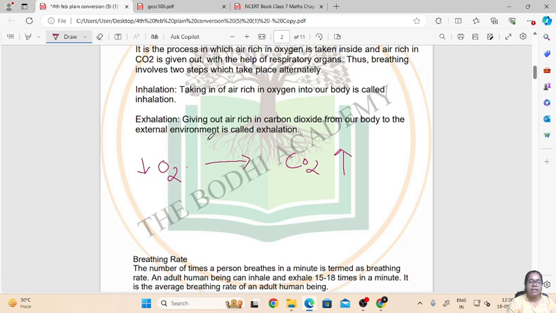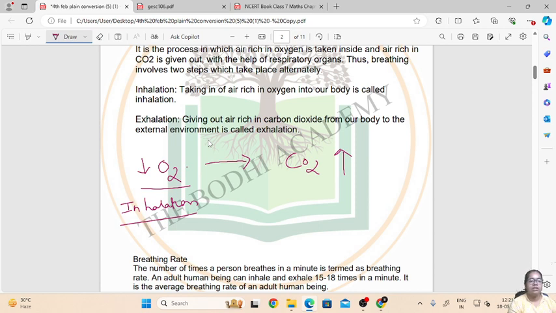So what is inhalation? In breathing we are taking in oxygen. So inhalation basically means taking in air rich in oxygen into our body. This process wherein we are taking in oxygen in our body is called inhalation.